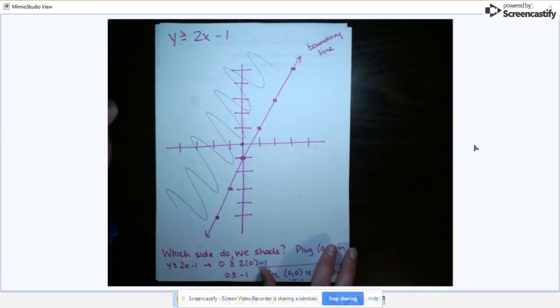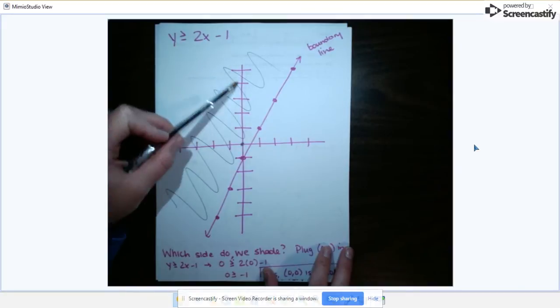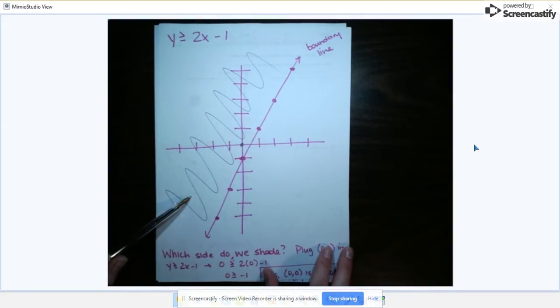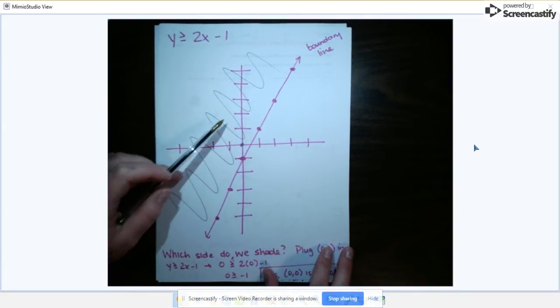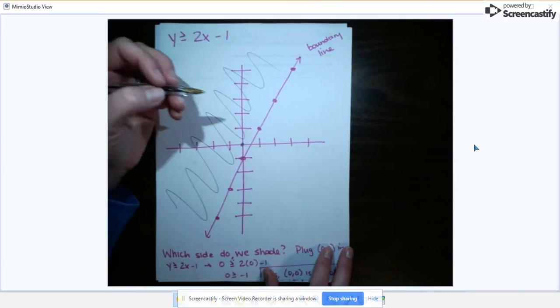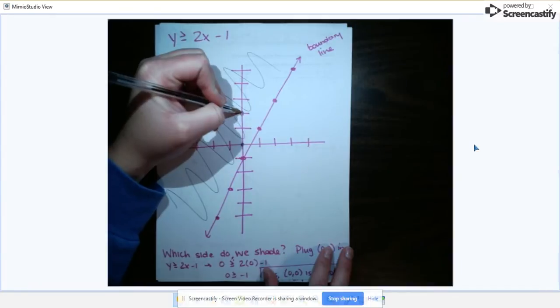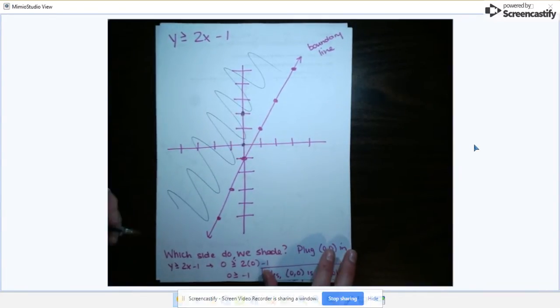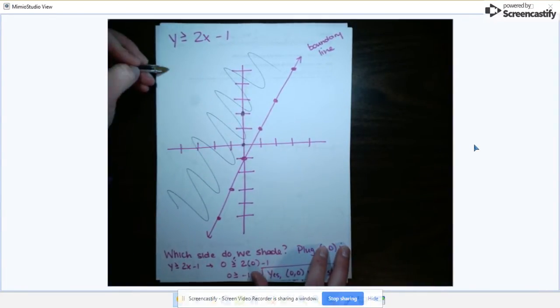Like I said a moment ago, if you choose any point in this shaded region, and you can each choose a different point, and you plug that coordinate point back in here, it will satisfy this inequality. So let's try the point (0, 2).